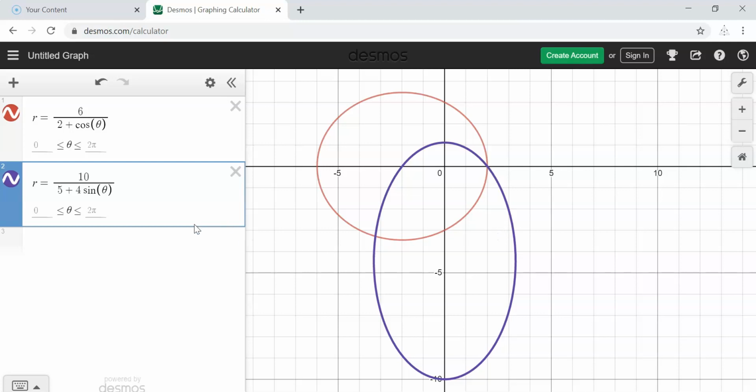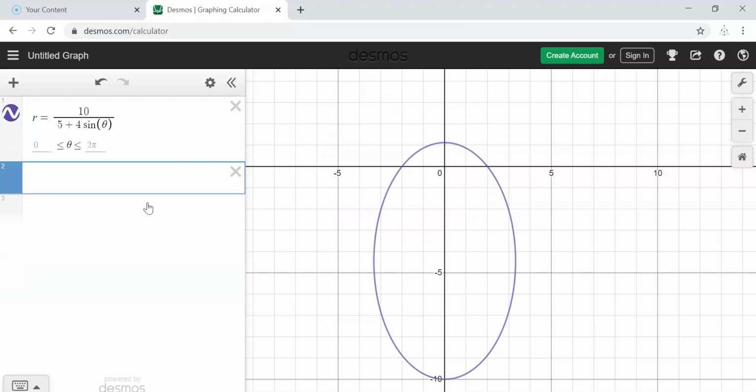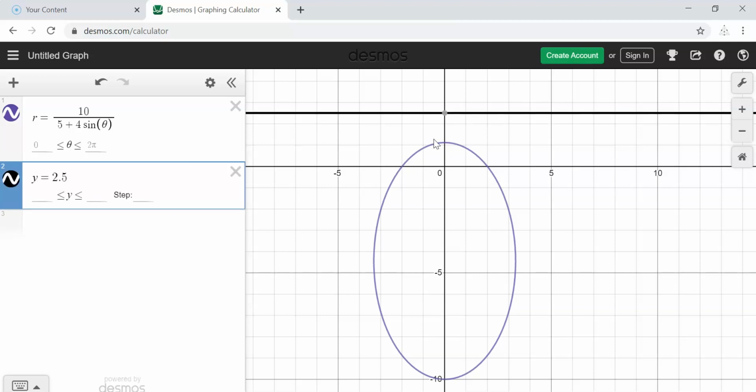By the way, just as a note, what did we say as our distance from the pole to the directrix? Let me cancel this one out. Our distance from the pole to the directrix was 2.5. Obviously, in this case, that's going to be y equals 2.5.